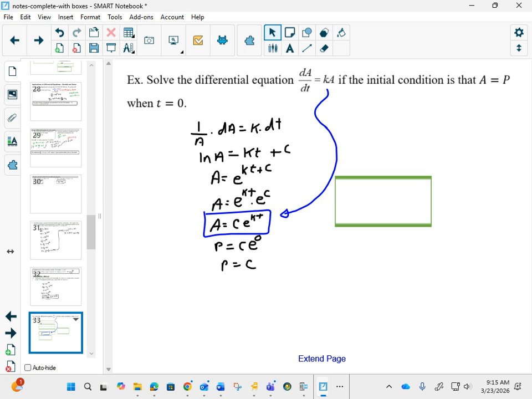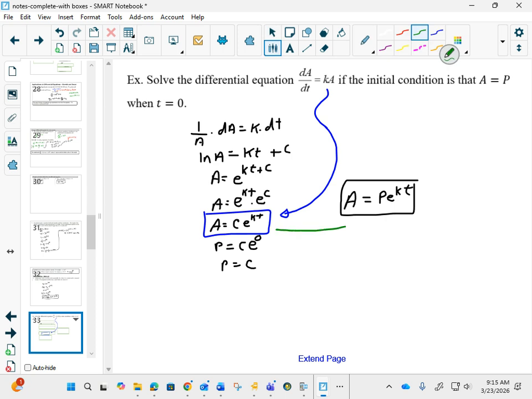And we have an initial condition that A is equal to P when T is 0. So again, as a shortcut, because you know this is an initial condition right there, you could go directly to this as well.